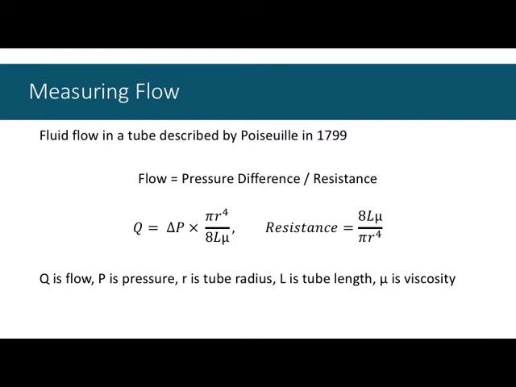I could calculate resistance if I had the total length of the cardiovasculature, if I had the complete viscosity of blood, if I had the average radius of all of the vessels. I could calculate resistance according to this equation. But I'm not going to, and I'll tell you why.